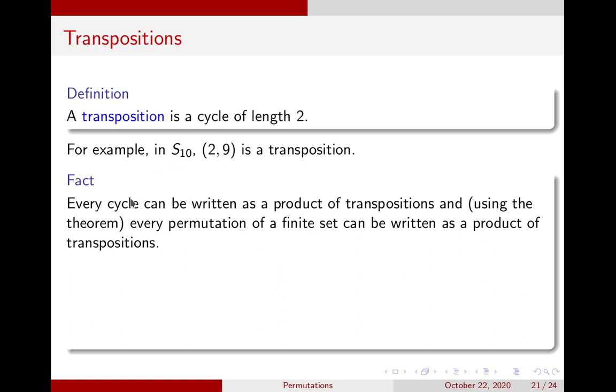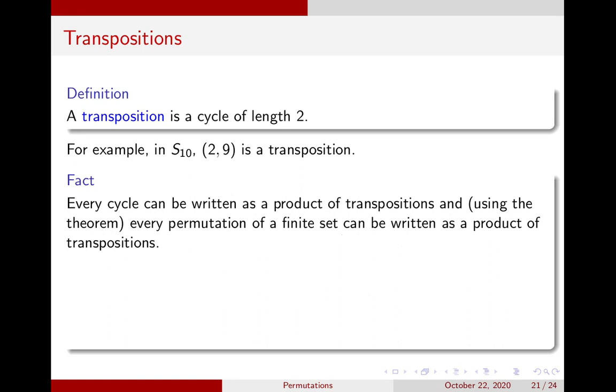So here's a fact. Every cycle can be written as a product of transpositions. And then if we use the theorem from a couple of slides ago, the theorem that says every permutation can be written as a product of disjoint cycles, we have that every permutation of a finite set can be written as a product of transpositions.